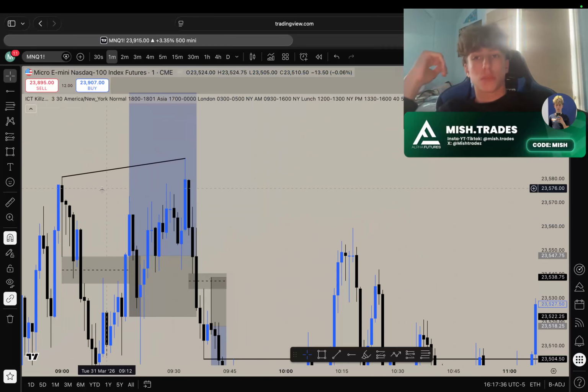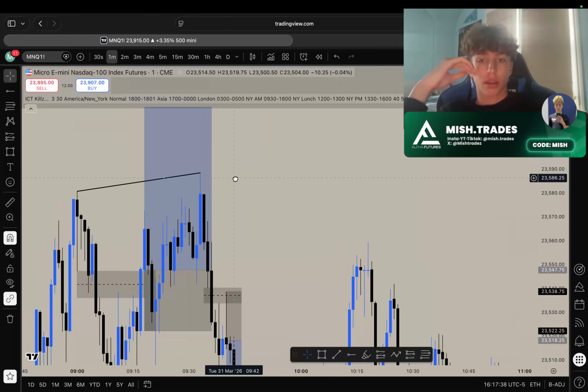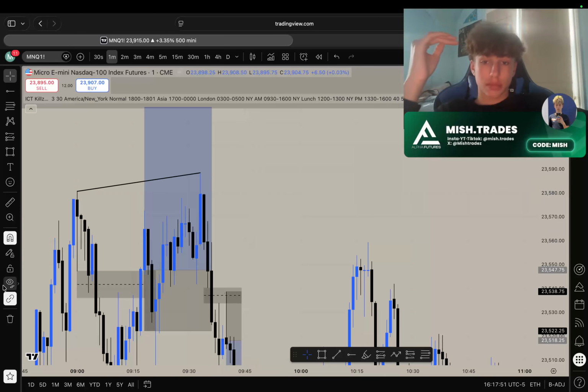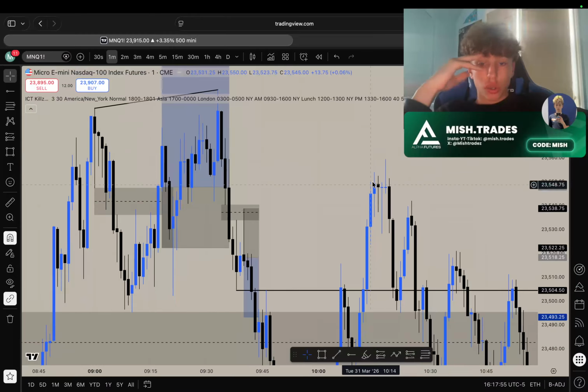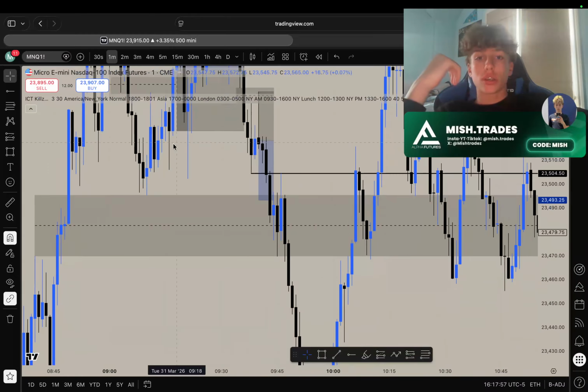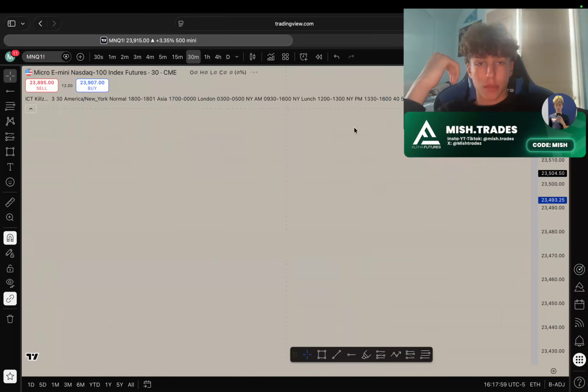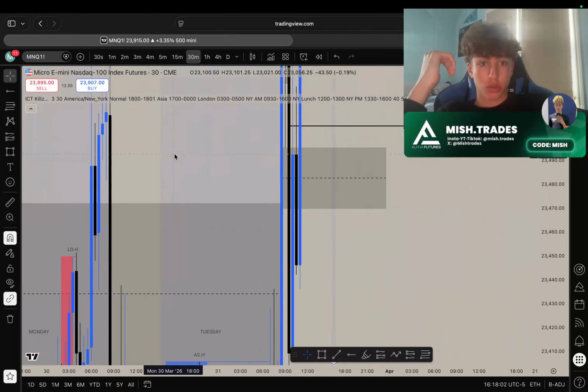We did eventually make this 1-minute SMT, which made me look for shorts. Why? Because we had already taken out that major draw on liquidity, that high. We had already tapped into that 4-hour bearish fair value gap. And you could say, why would I take longs? Stupid mistake. But once we saw that SMT and this disrespect of pushing higher, I was like, the only real possible target was this 30-minute fair value gap at the time, which we had formed, because that 15-minute turned into a 30-minute.